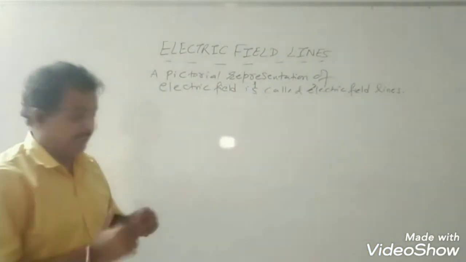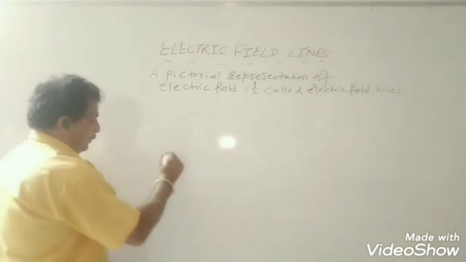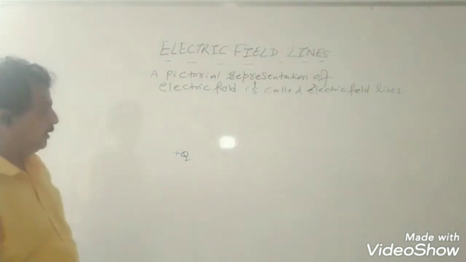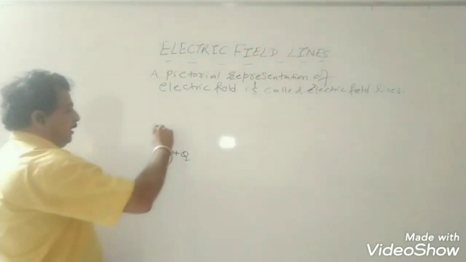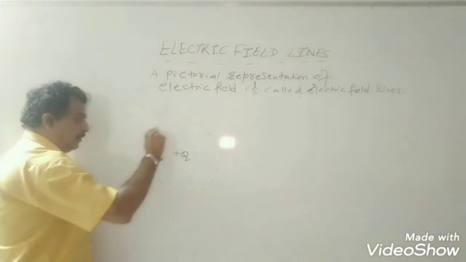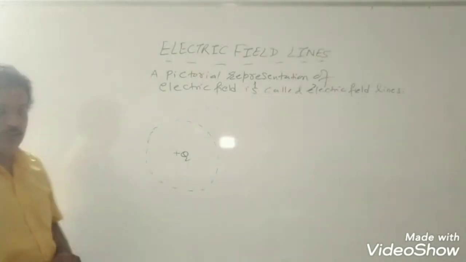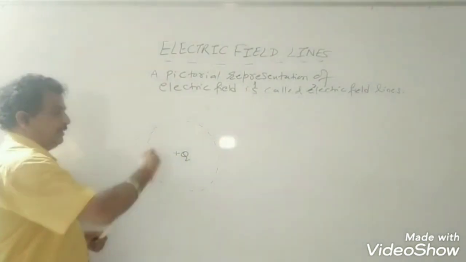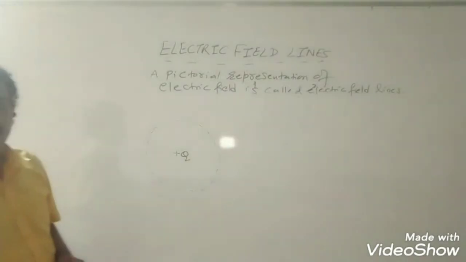So now let us make the path. So I keep this plus Q charge as a source, and I have taught you that the field will be spherical. So one plus Q charge is kept in space, so the electric field will be spherical.